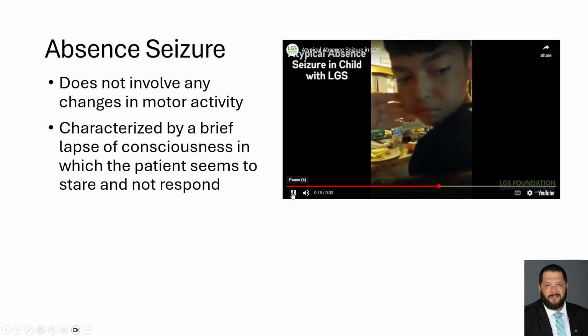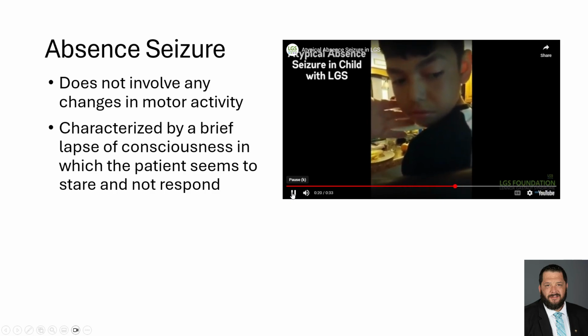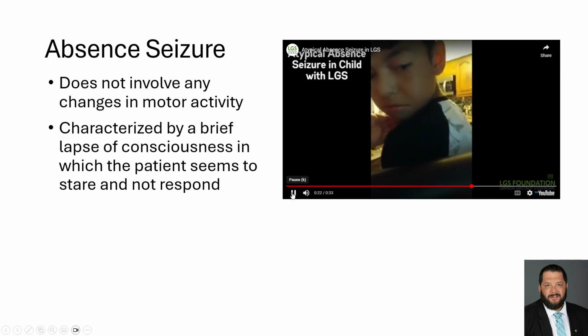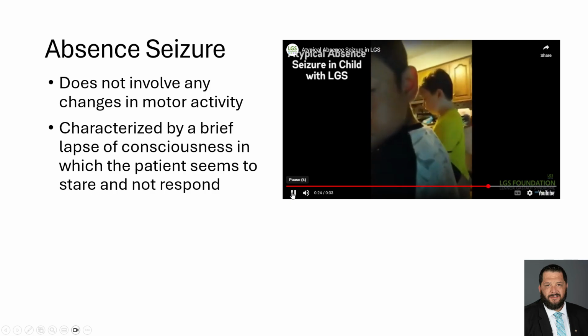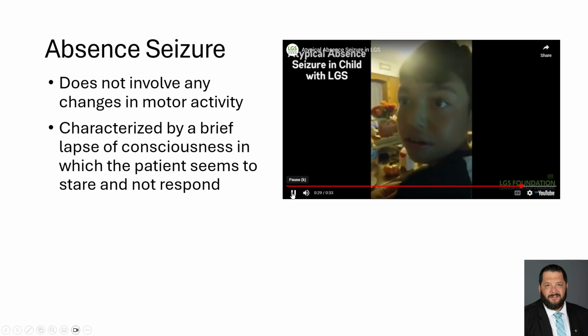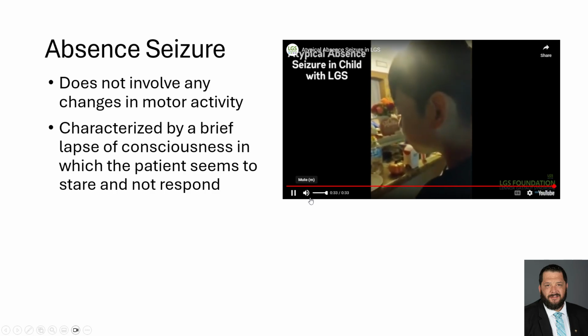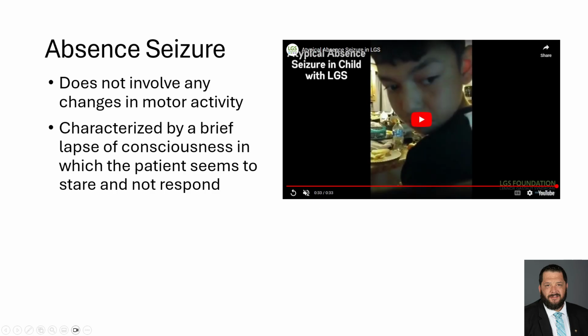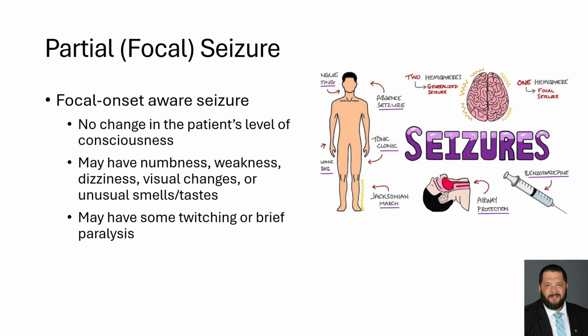And you can see that the patient doesn't appear to be in any severe emergency, but is not engaging with outside environment whatsoever until there. And you can note the confusion on the patient's face. That's an absence seizure.